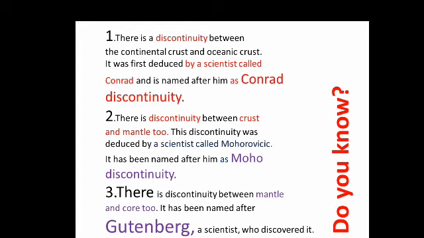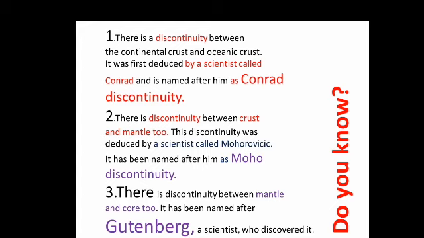It was first deduced by a scientist called Conrad, and is named after him as the Conrad discontinuity. Means the line shown in that figure, which separates the oceanic crust and the continental crust, that line is known as the Conrad discontinuity.